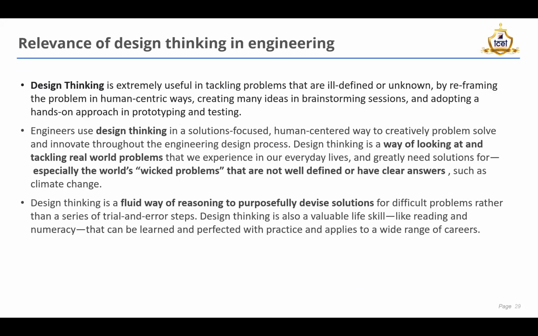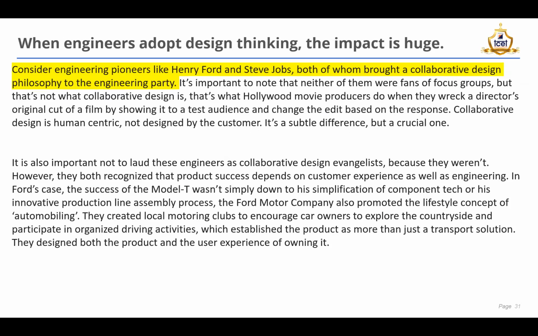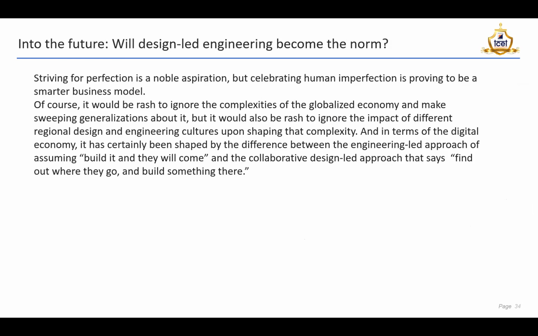Then we looked into the importance of design thinking in engineering, and we looked into the cases that were failures where only engineers were working, versus the design thinking team that helped to make big products.